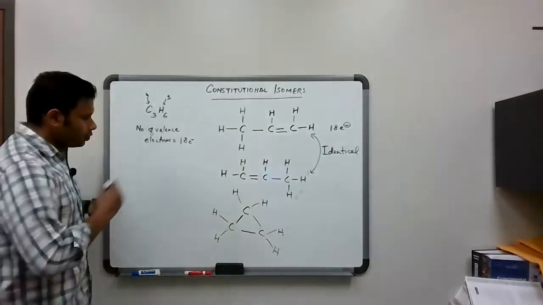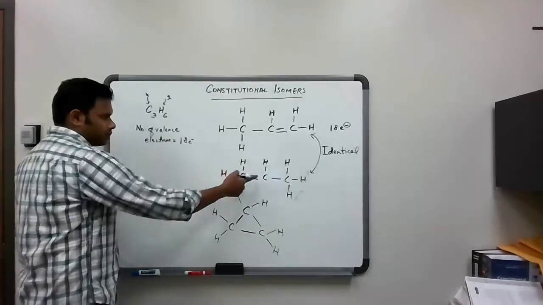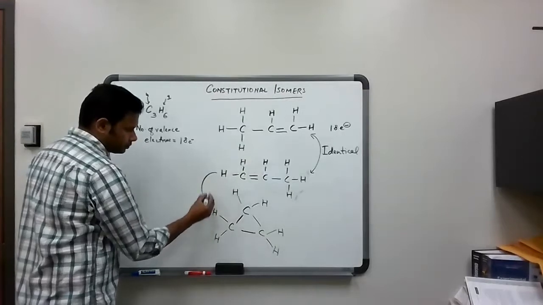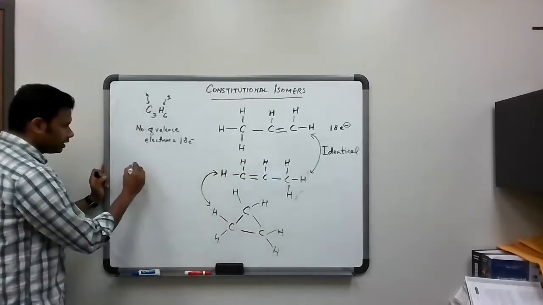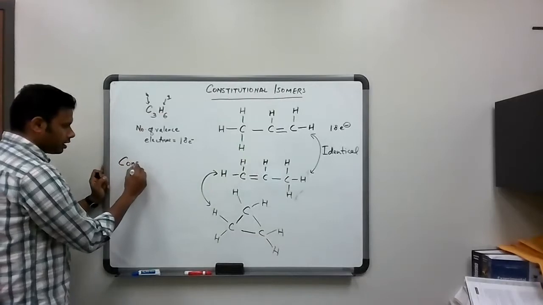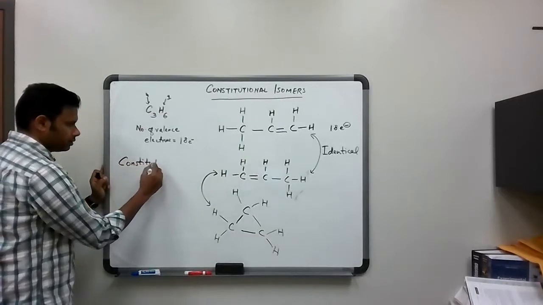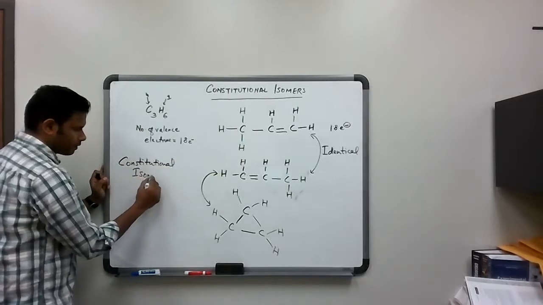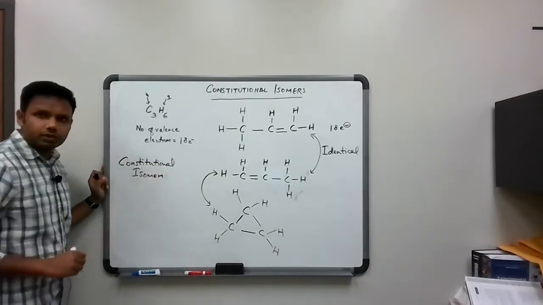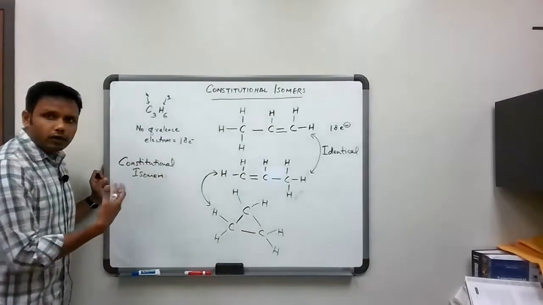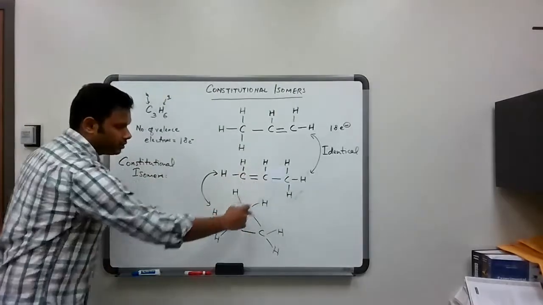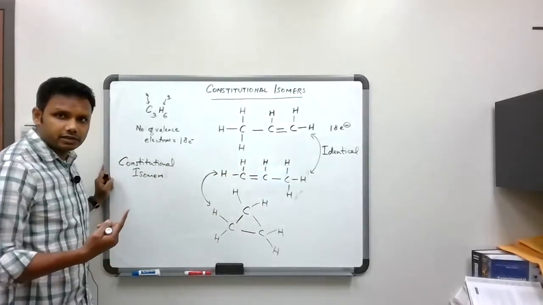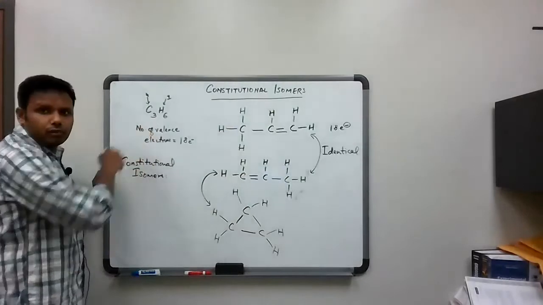So comparing these two, these are constitutional isomers of each other. What is the relationship between them? Is there something common to both of these structures? Yes, they have the same molecular formula.